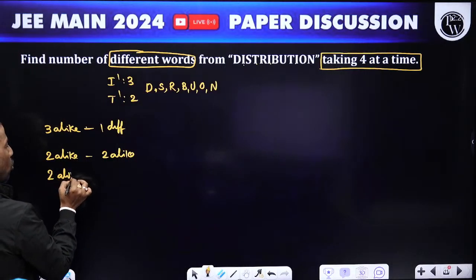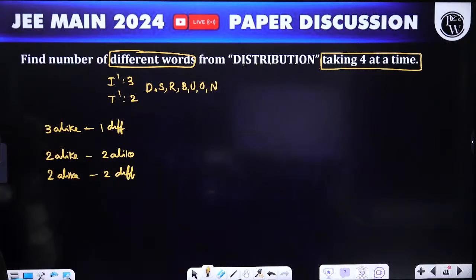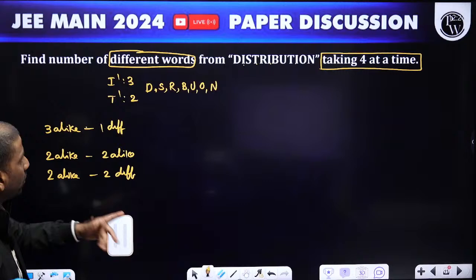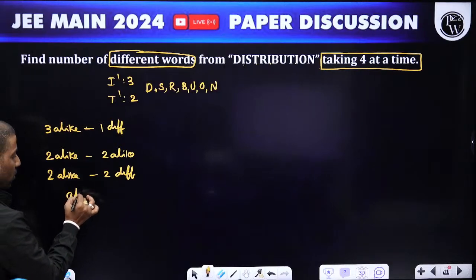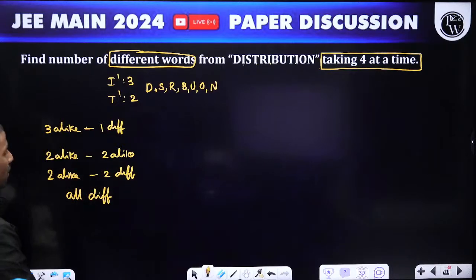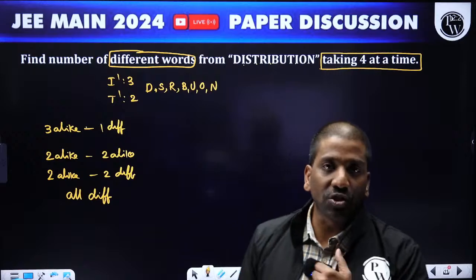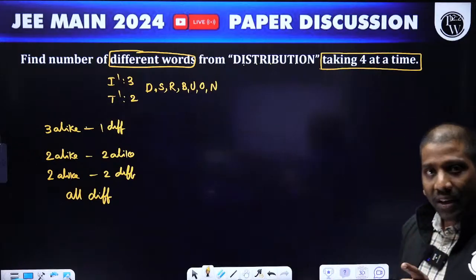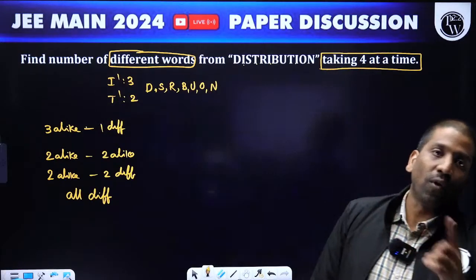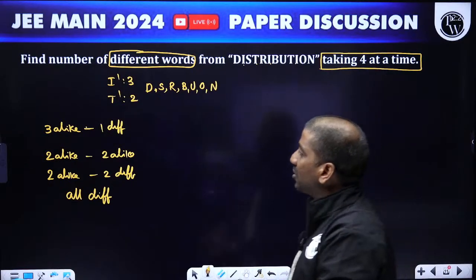Second case, 2 alike, 2 different. Next, all different. These are the 4 possible cases. 4 alike is not possible, so that is not given. So these are the possibilities.